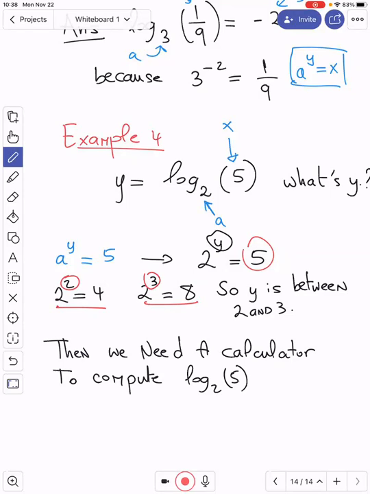So all I'm saying, guys, is that log of a number doesn't have to be a whole number. It can be some decimal, it can be a fraction, it can be any real number, actually.